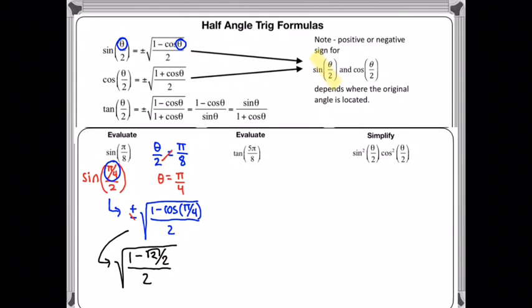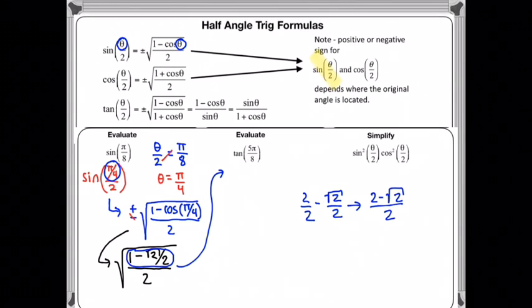I'm going to do this off to the side and show you once in slow motion. I have 1 minus root 2 over 2, and I want a common denominator with that 1 so I can combine these fractions. So I write that as 2 over 2, and the top is just going to be 2 minus root 2 over 2.